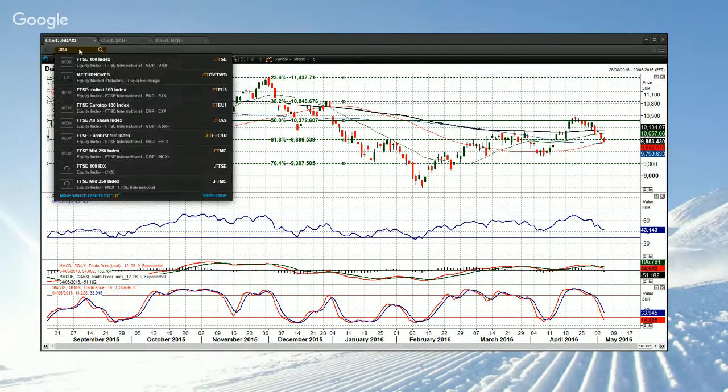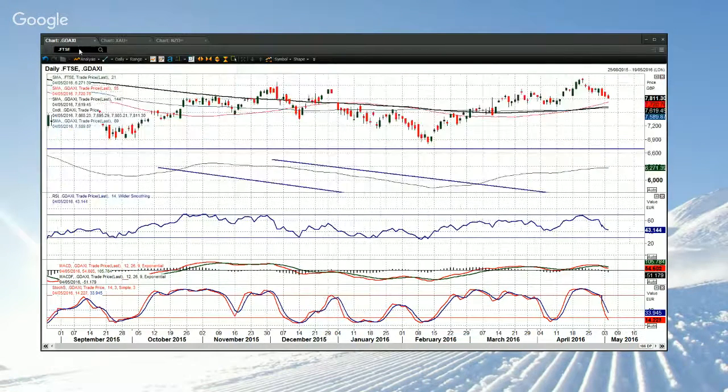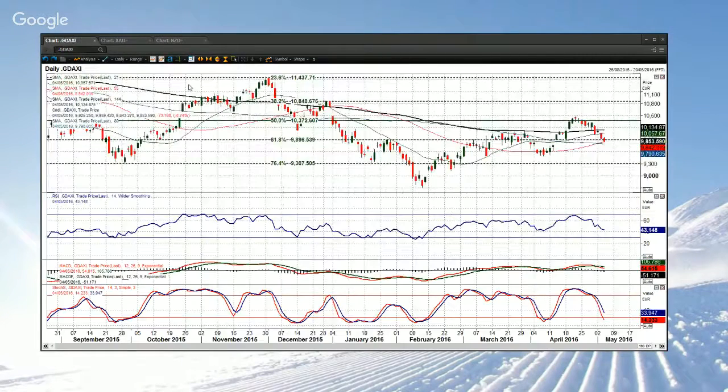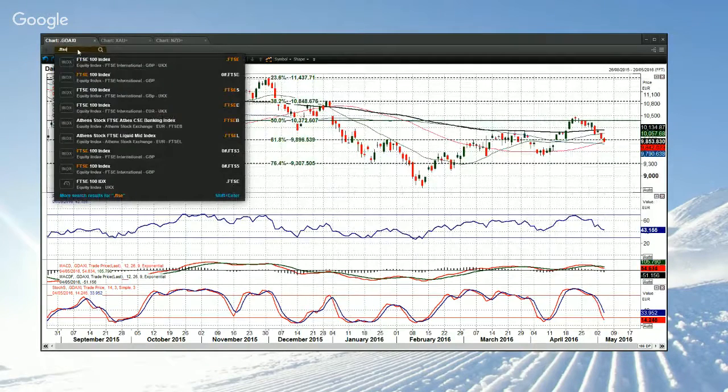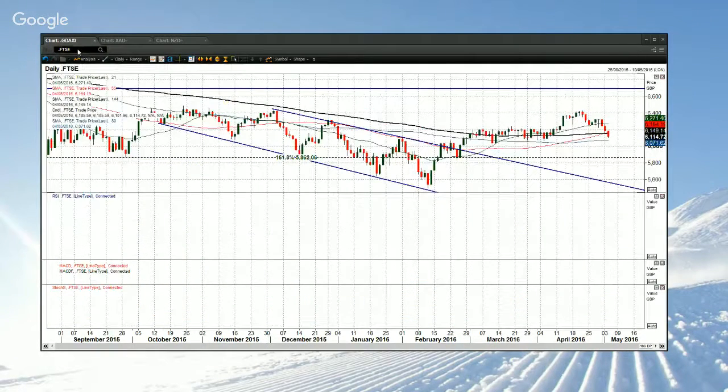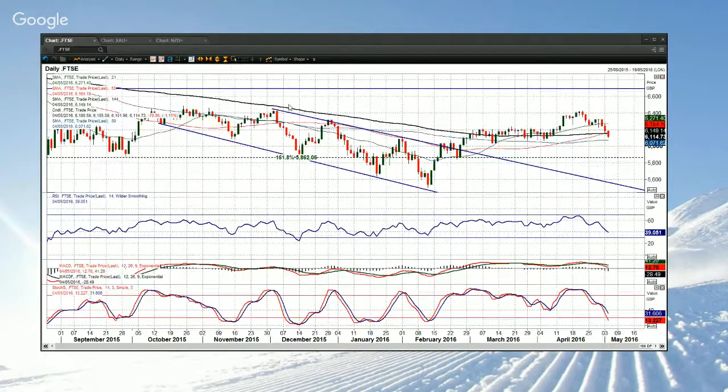Let's have a look at FTSE. Yeah, FTSE below 62 is not good. 6114, 6036 is this key reaction low here from March.